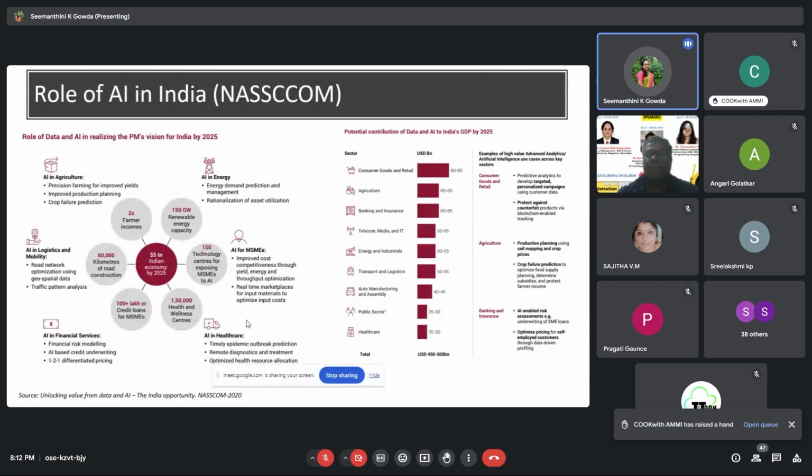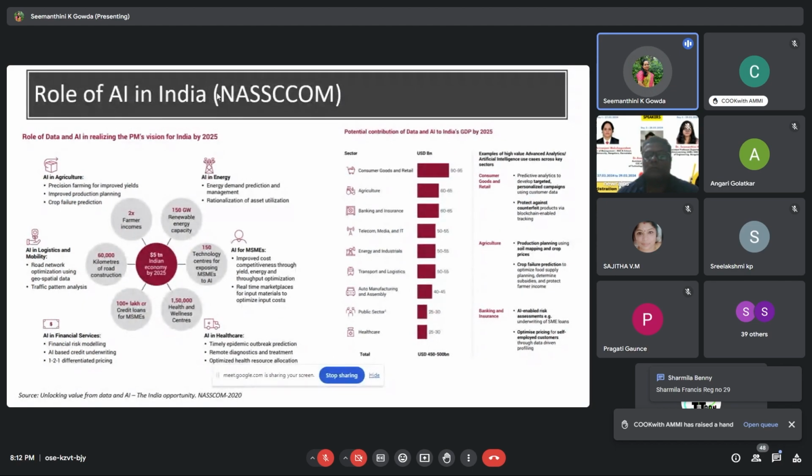And with respect to logistics, with respect to the MSMEs, with respect to the improvement of competitiveness, in each and every field with the usage of AI. This is one of the slides we got from NASSCOM during the year 2020.